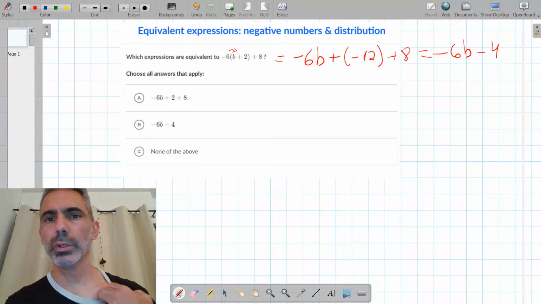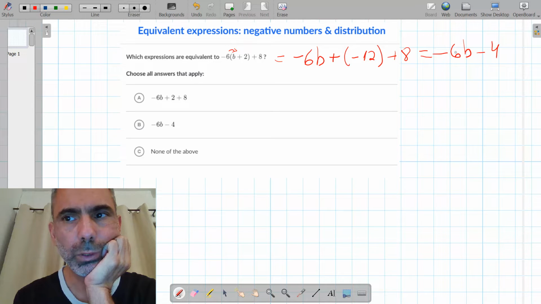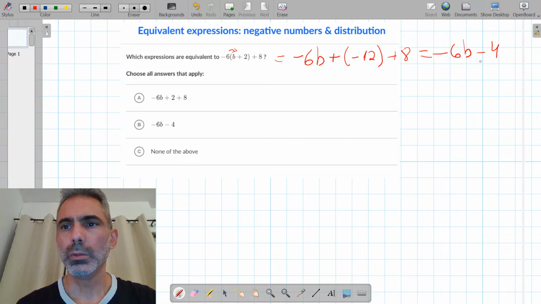Minus 12 is negative, plus 8 is positive, so the difference between the two is 4, and the result of the addition is negative because minus 12 is greater. So it's minus 4, minus 6b minus 4.